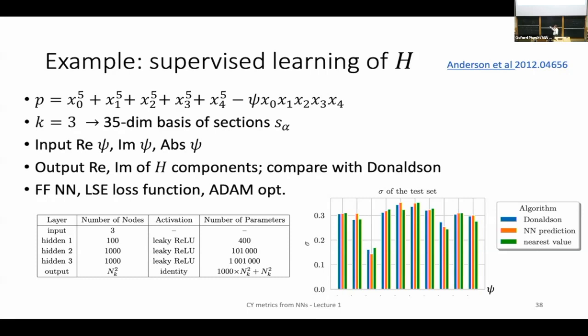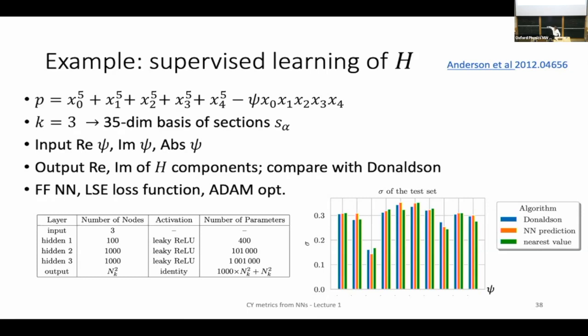Neural networks like real things, so you don't want to input a complex structure modulus. It's a complex number. So they chose to divide it into a real and imaginary part, and also the absolute value. And in this particular experiment, the output was the real and imaginary components of this Hermitian matrix.